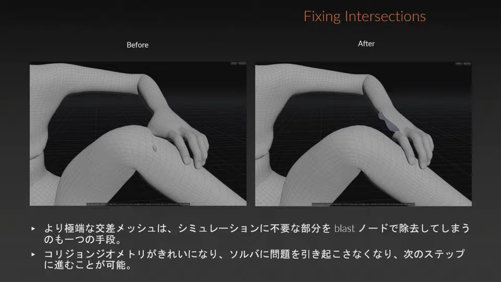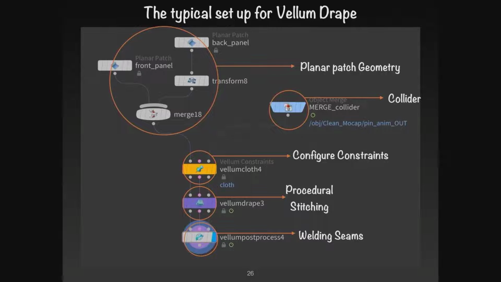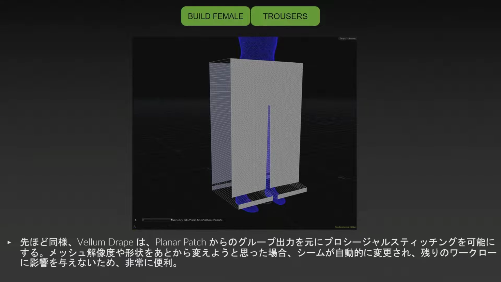So as I mentioned previously, Vellum Drape allows for procedural stitching when using the output groups from a planar patch.